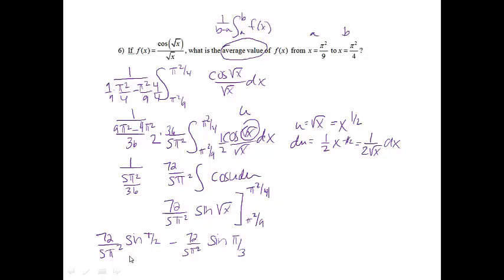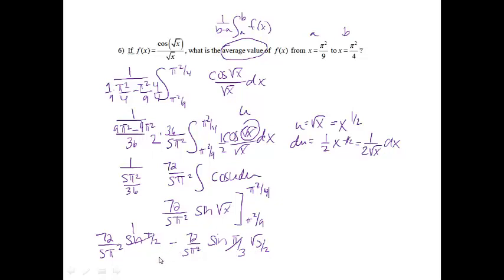Okay, so we are almost here. All right, so the sine of pi over 2, if you're thinking about your hand out or however you do it, would be the y value. The sine of pi over 2 would be 1, and the sine of pi over 3 would be the square root of 3 over 2.